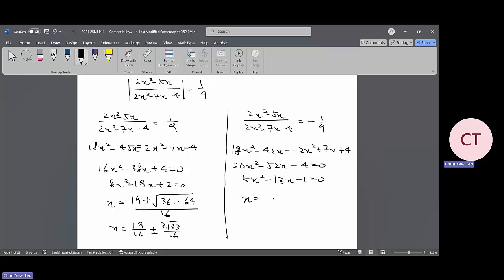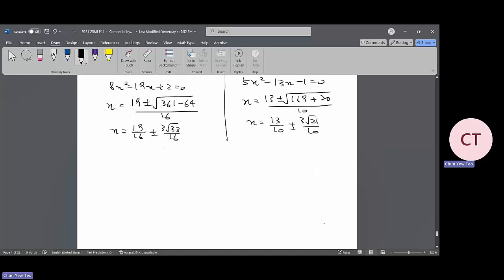Then using the quadratic formula, negative b plus minus the square root of b squared minus 4ac, divided by 2a. And you'll get this as 13 over 10 plus minus 3 square root of 21 over 10. Okay. So we have 4 values over here.